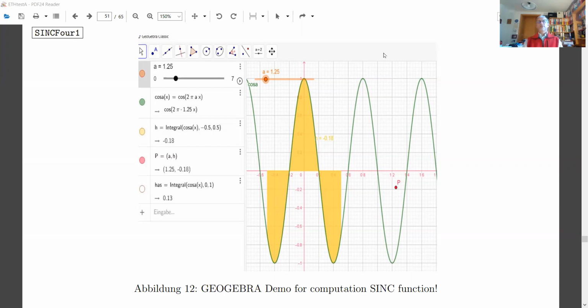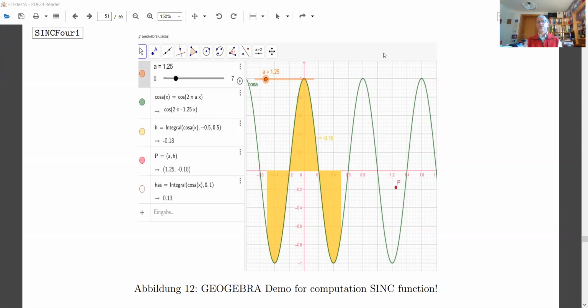Now, what you see here is that depending on the frequency, you will have more and more positive and negative parts. But each full frequency, so each pair of ups and downs within that interval from -1/2 to +1/2, will provide you with a vanishing integral.